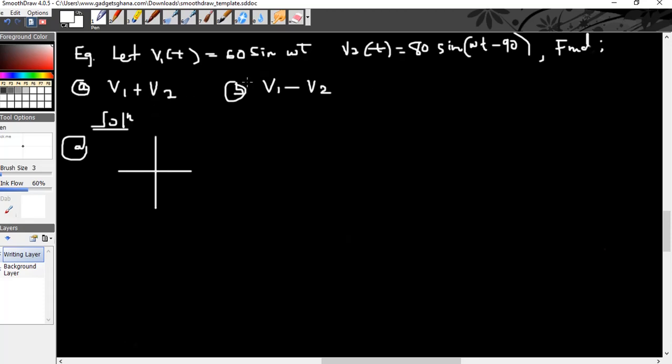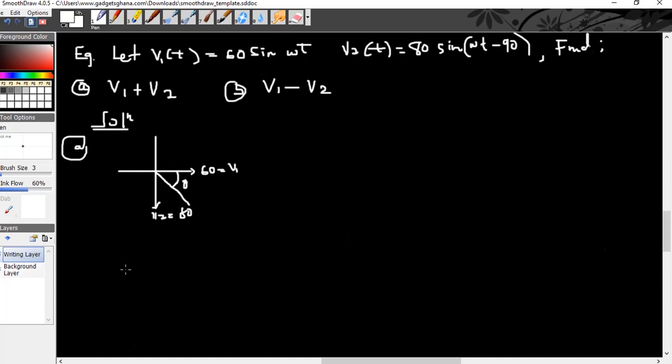We know this was 60 sine omega t, so we have the 60, that's our v1, and then we have v2 to be 80. The 60 is positive, and you can notice that the 80 is at negative 90. And then we have an angle from here, from the x axis.